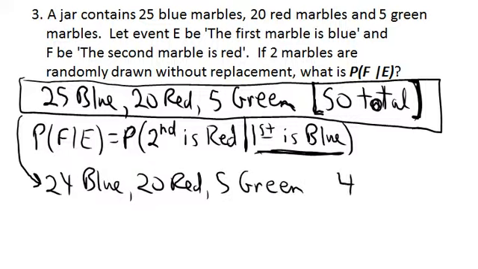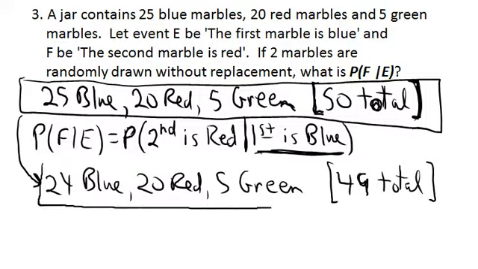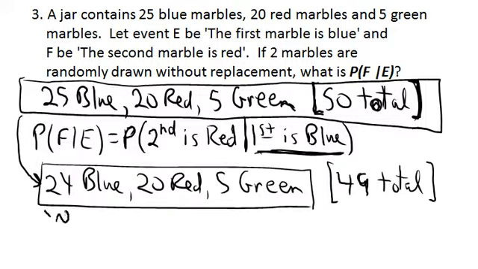And now I only have 49 total marbles. So this is my reduced sample space. It's what I'm left with after the condition has been imposed.